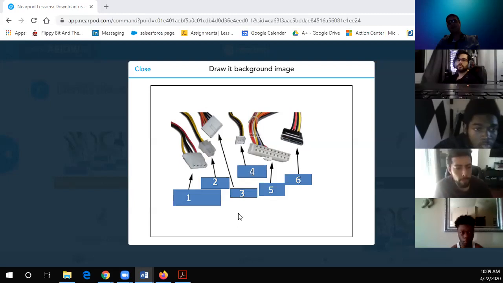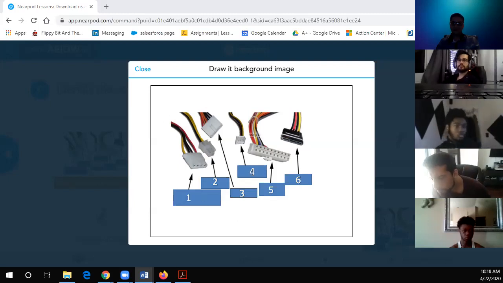Aux cable to provide more power. Such a bad picture. I can't even tell. It's a 6-pin aux, AUX. I don't know how to pronounce it. Auxiliary cable. Correct. We can see it has 1, 2, 3, 4, 5.